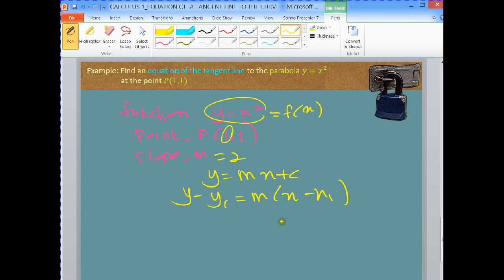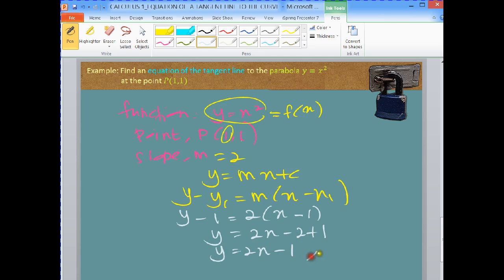So we just plug into the formula. So y minus y1, which is 1, m is equal to 2, x minus x1, which is 1. Solving this equation, we have y = 2x - 2 + 1, so y is equal to 2x - 1. So this is our equation of the tangent line.